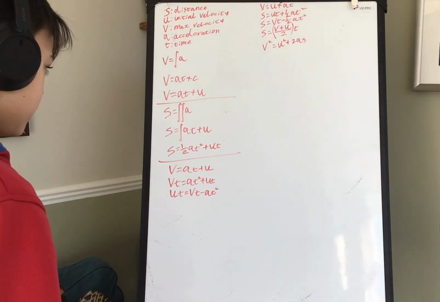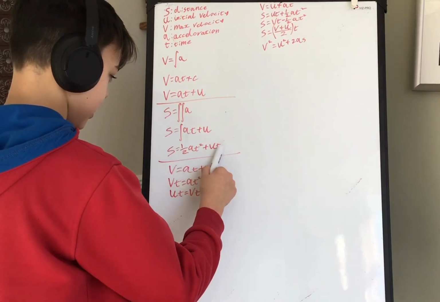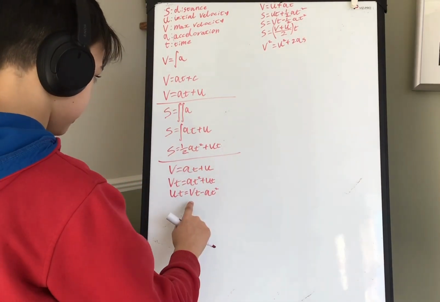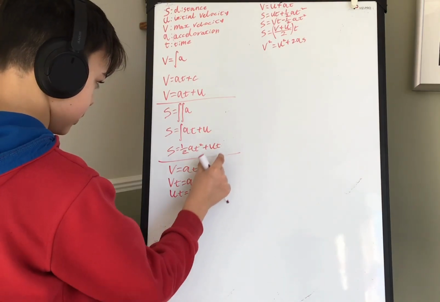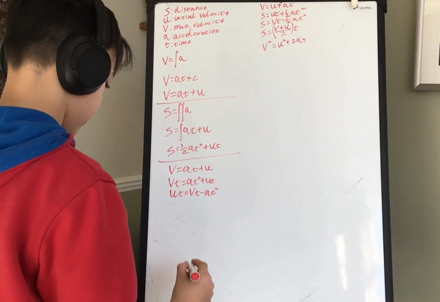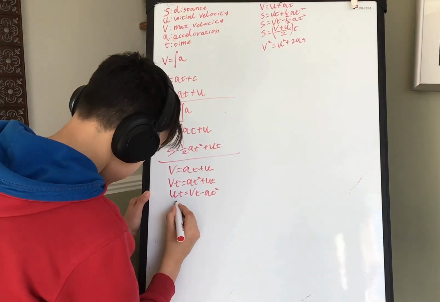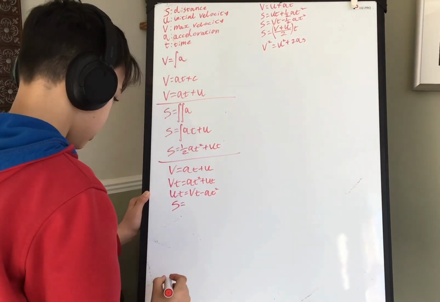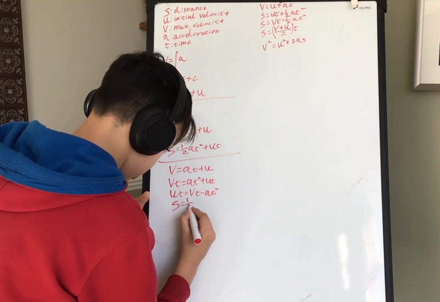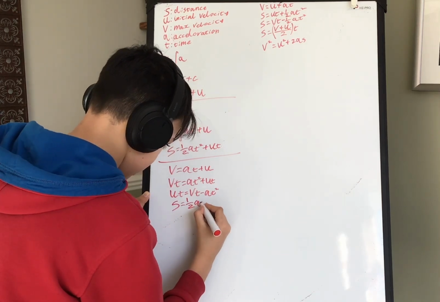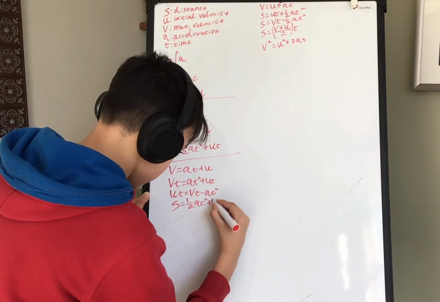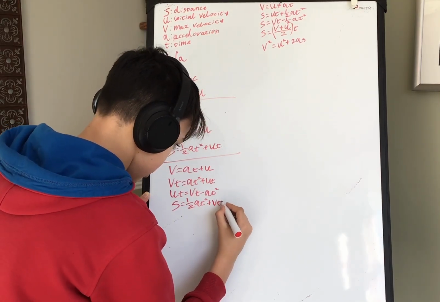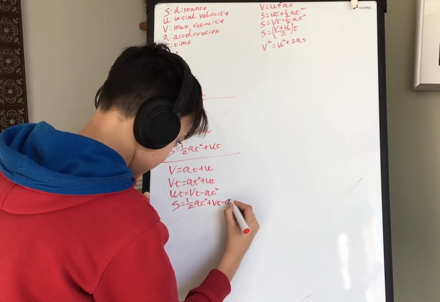So now we're going to take this formula and plug it in, because obviously UT equals this, so if we swap it in, the formula will still be good. So we have S equals 1/2 AT squared, and then instead of our UT we're going to have plus VT minus AT squared.